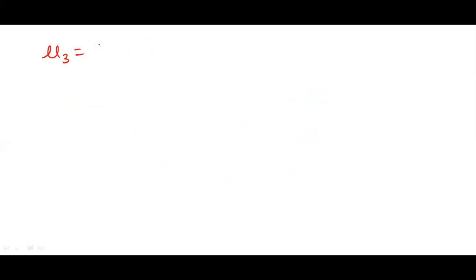mu3. Mu3 is a permutation in which 3 maps to 3, 1 maps to 2, 2 maps to 1.